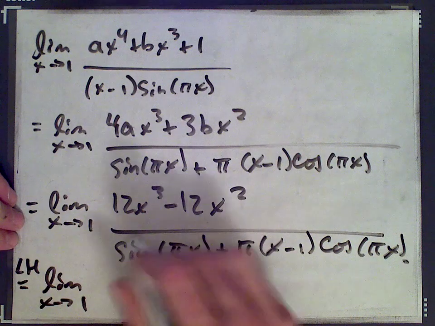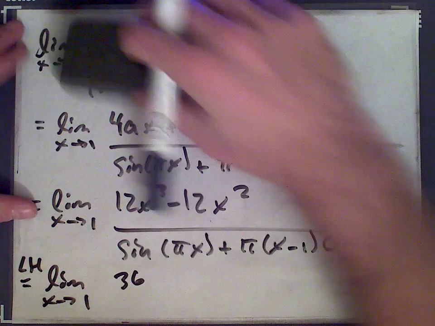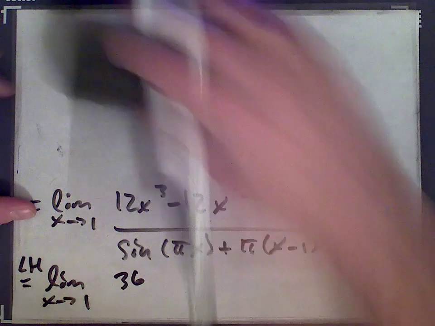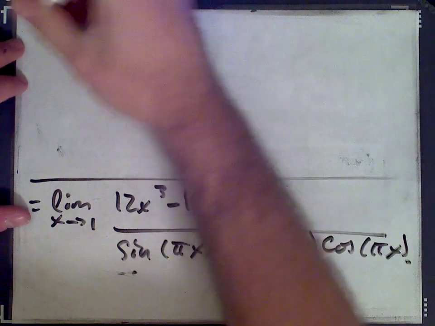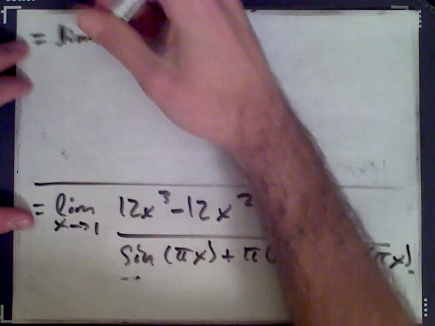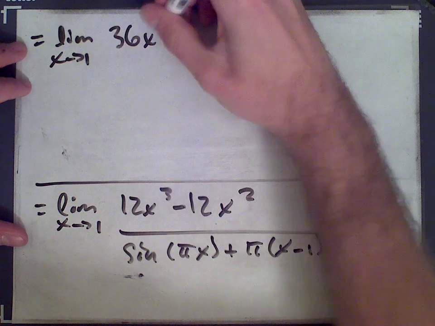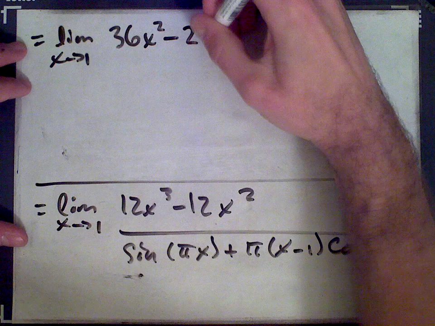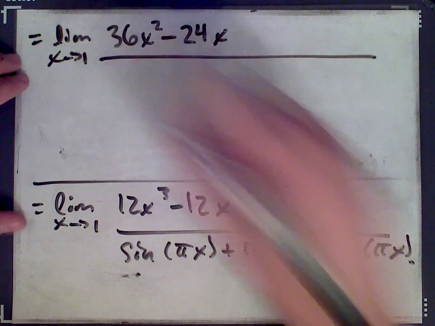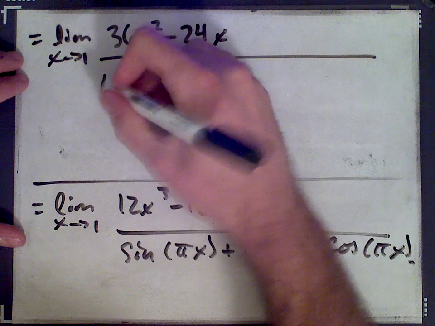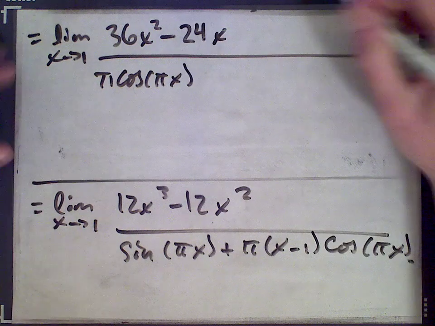Take the derivative of the top, we get 36x squared minus 24x, divided by the derivative of the bottom. The derivative of sine is cosine, so it's going to be pi times cos of pi x, plus the product rule term.